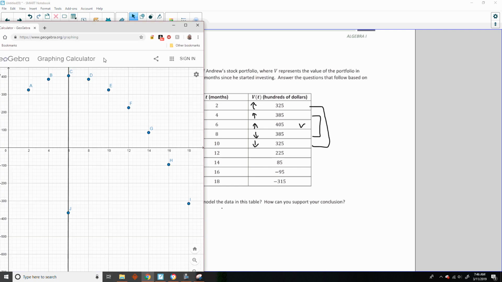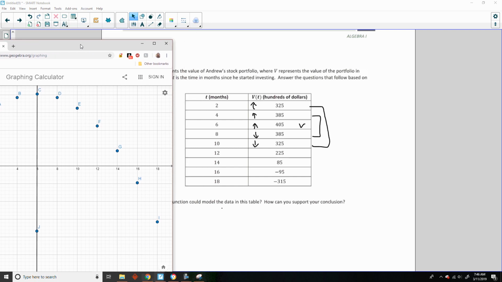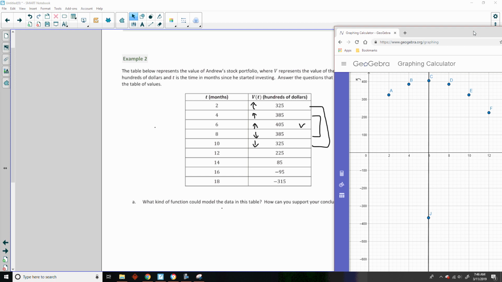So if I bring that graph back up, we weren't told his initial value, but if this is definitely a quadratic function, then at 2 months, we are here. 4, 6.